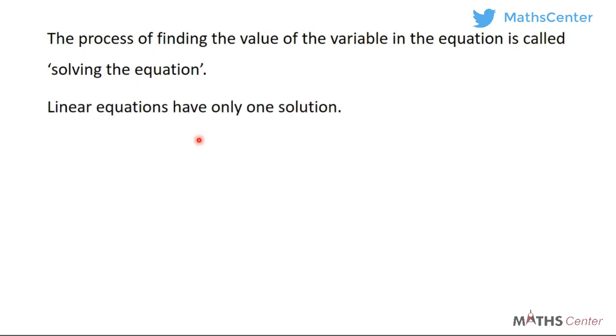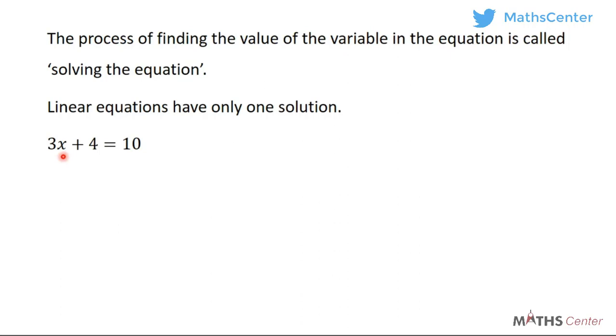Okay, let's move on. Linear equations have only one solution. Now what does this mean? We know that this equation here is linear. Because this equation here is linear, what this point is telling us is that when you find x, you are going to get only one answer for x, or only one value for x.